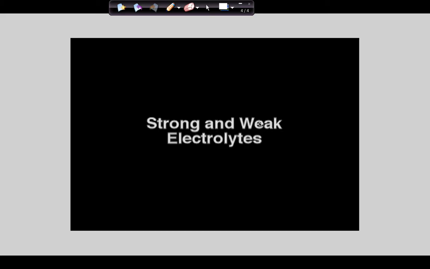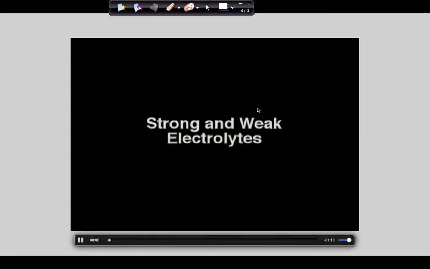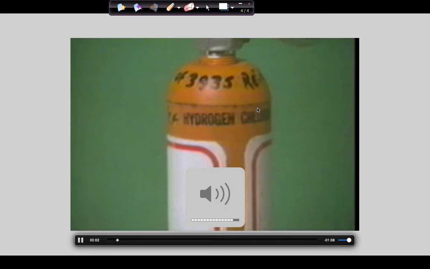So let me show you what this might look like. Hydrogen chloride is a colorless gas. So guys, this is hydrogen chloride. This is hydrochloric acid. This is interesting. Hydrochloric acid is a strong acid, right? How many strong acids are there? 7. Guess what? All of the strong acids are gases until you dissolve them in water, and then they become acidic.